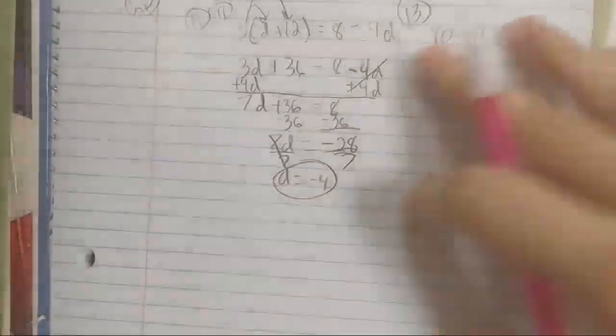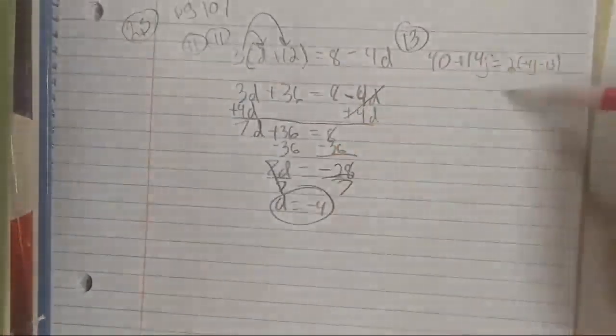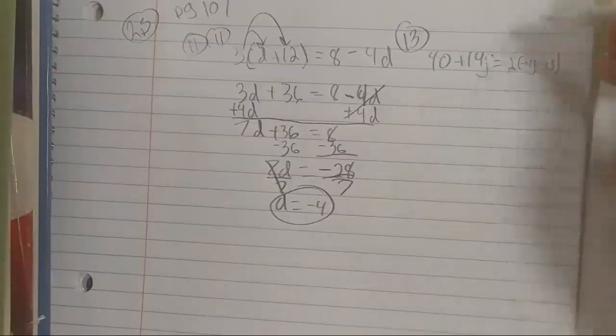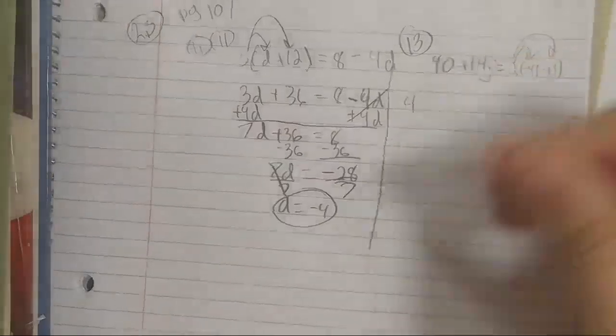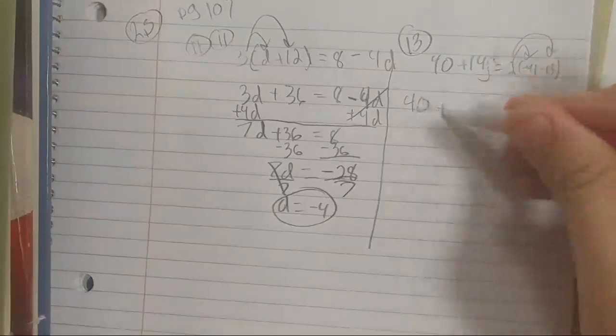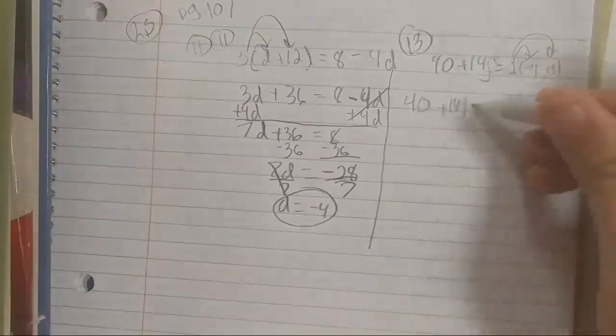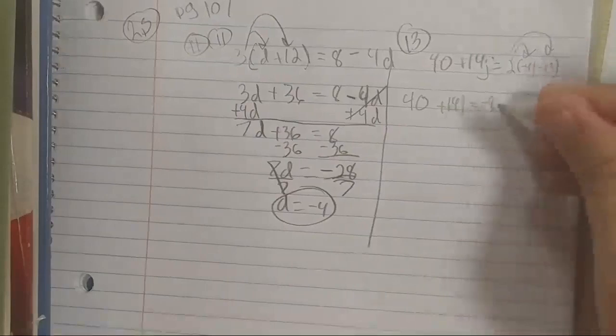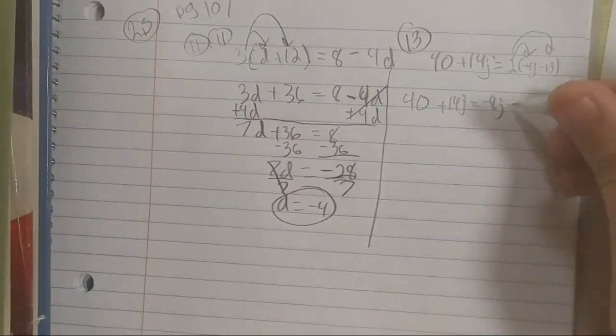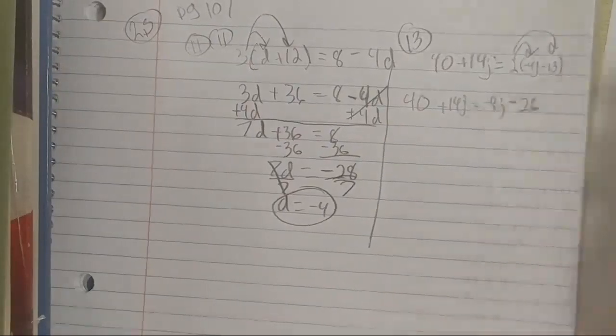So we're working over here. I'm going to distribute my 2 every time. Now let's put more space. 40 plus 14j equals negative 8j, and 2 times negative 13 is negative 26.